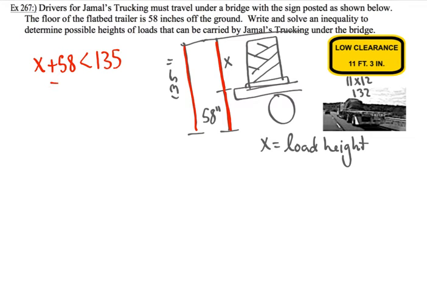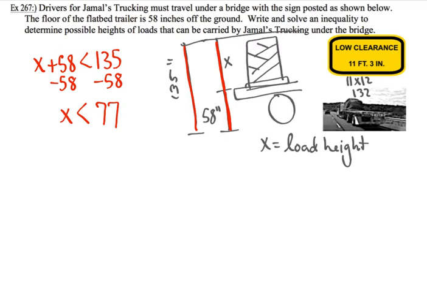So we can solve for x here by doing a negative 58 on both sides. And that gives me x plus 0, which is just x. And 135 minus 58 is 77. So the height of the load on the flatbed needs to be less than 77 inches. If it was exactly 77 inches, you'd probably just touch the bridge, and that might cause damage.